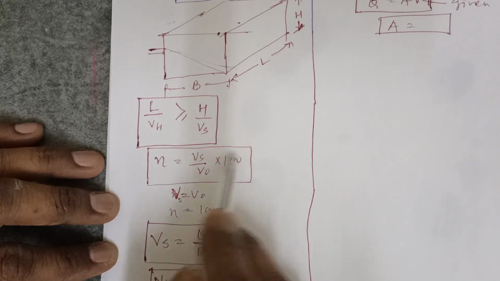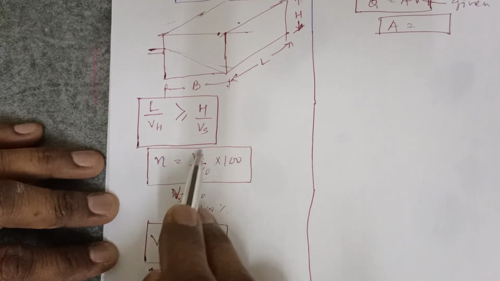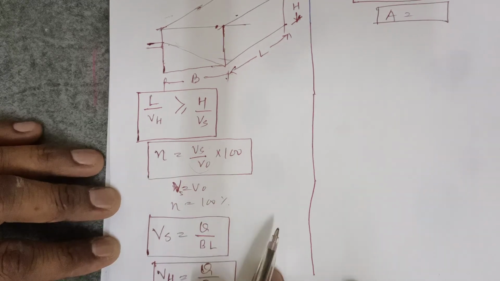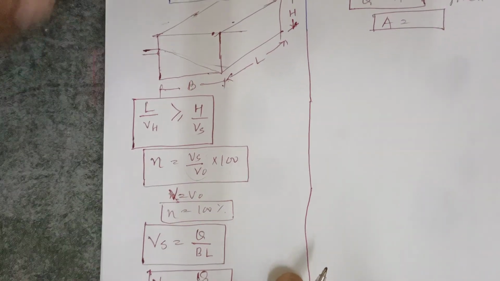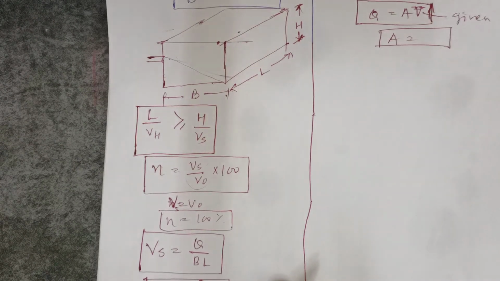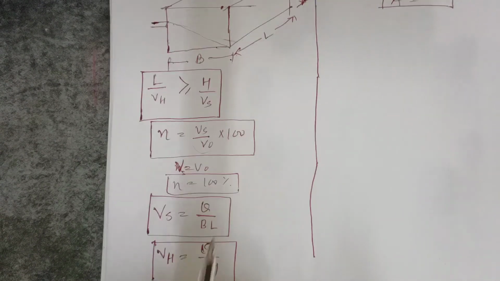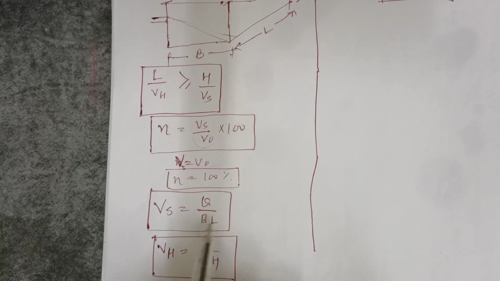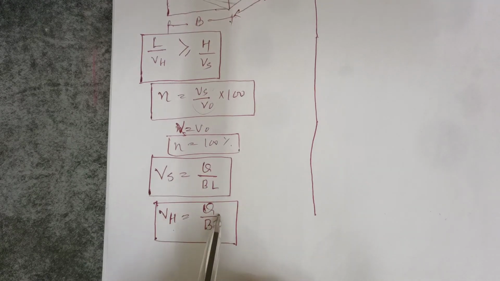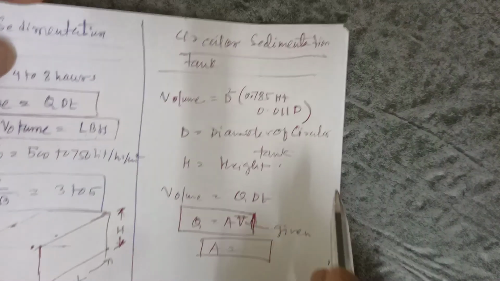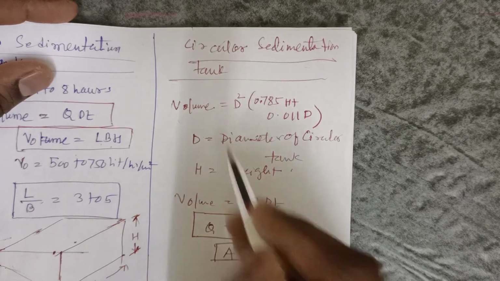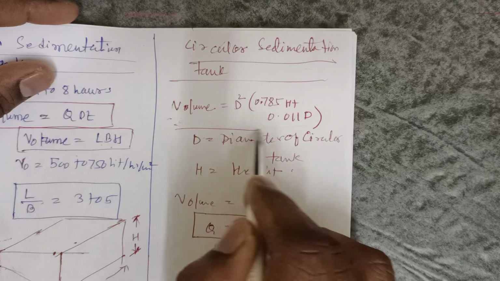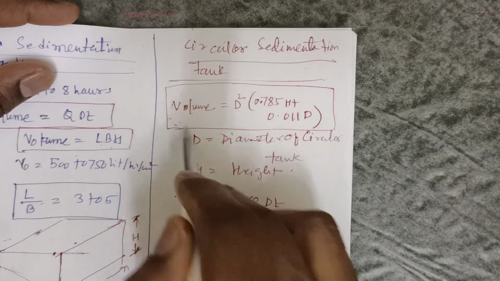If we take VS and V0 equal, then efficiency will be 100%, right? Now after that we had also seen the settling velocity formula, that is equal to Q upon BL, and horizontal flow velocity is Q upon BH, right? Similarly, for circular sedimentation tank we had seen the formula for volume, this is the formula, right?